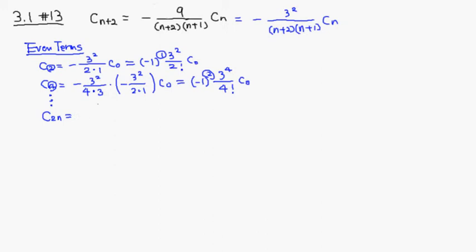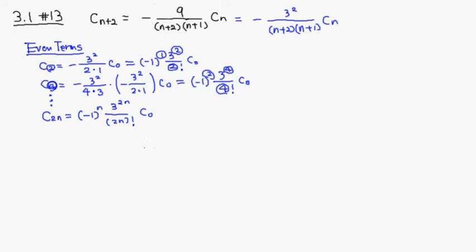So when it's 2n, it's going to be n power, so negative 1 to the n power. Then you can see there's a 2 here and a 4 here, so if it's 2n, then it's going to be 3 to the 2n power. Then you have a 2n factorial. Then you have a C0 as usual. All right, so we got the formula for C2n.